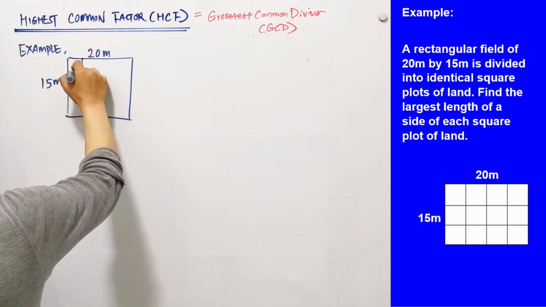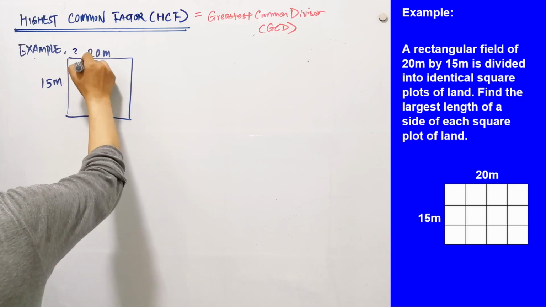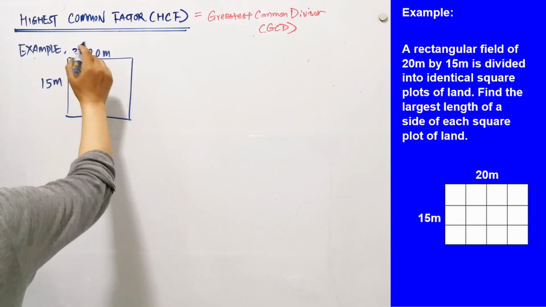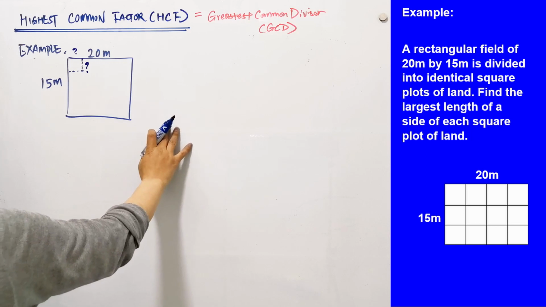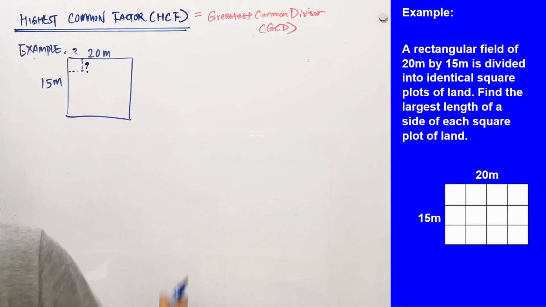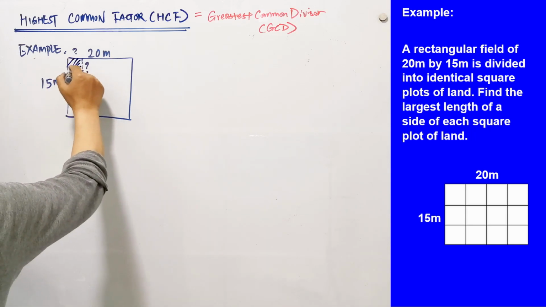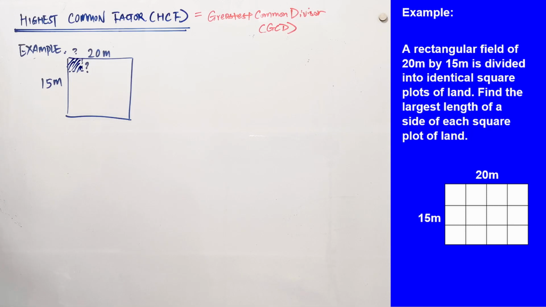It's a square, right? We need to find this out. So how many of the sides of each square plot with the largest possible length? We're going to find this out. So the length of each side of each square plot should be divided by.